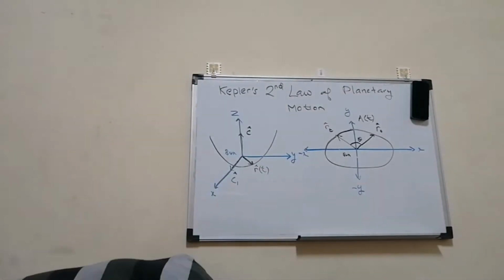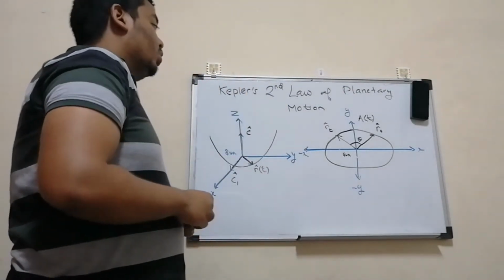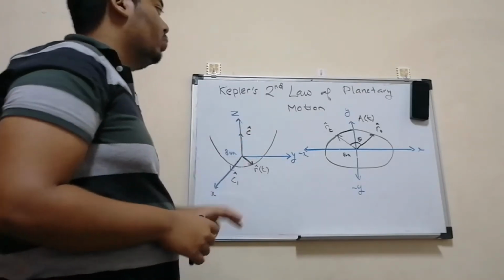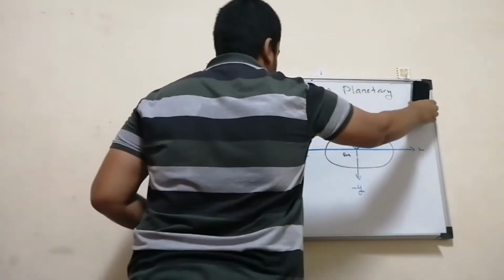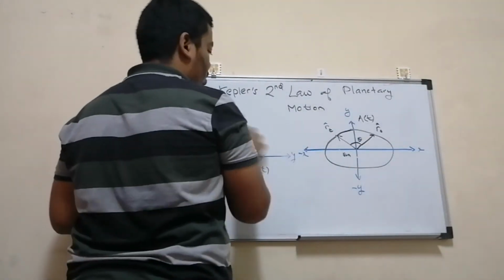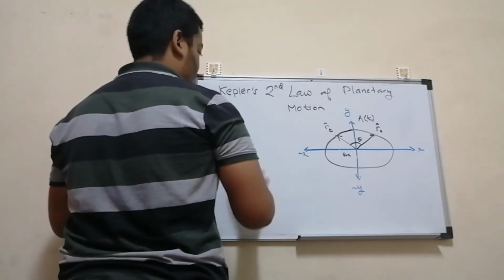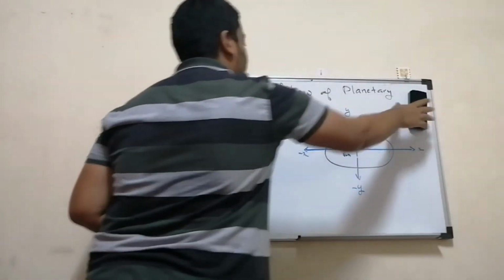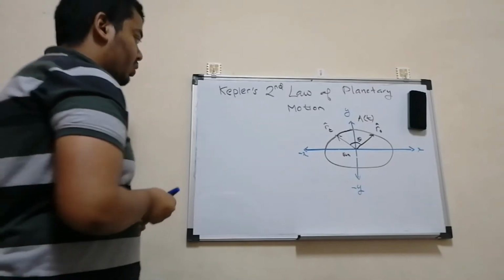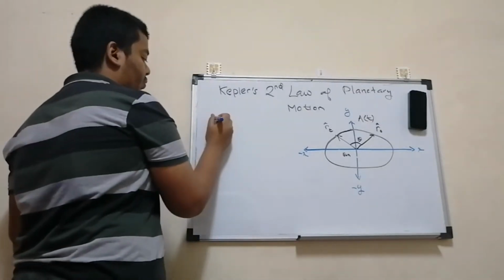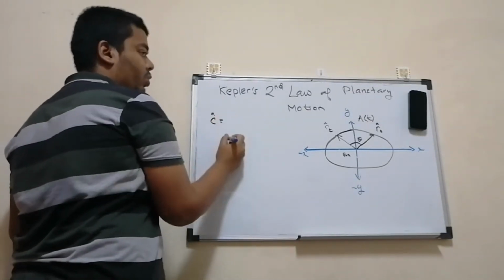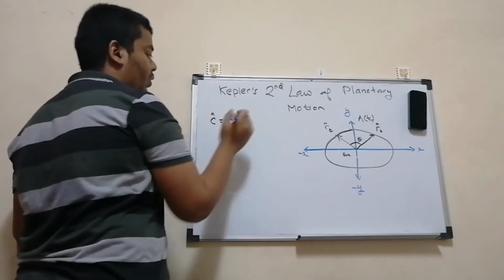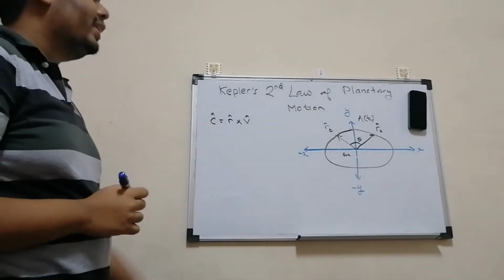Sorry for that, guys. Okay, so we'll have to prove that. To prove that, I need to keep in mind what this vector c was from my previous video. If you remember, the vector c was given by c equals r cross v. Perfect. Now let's say what is r.